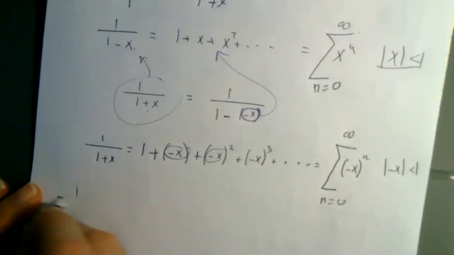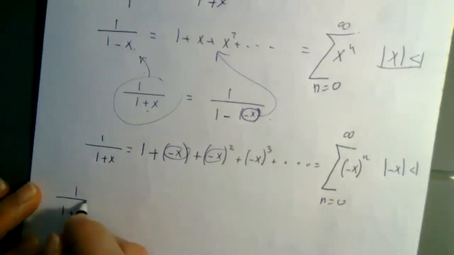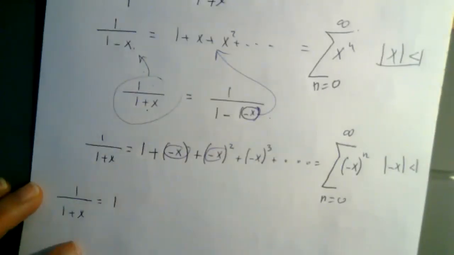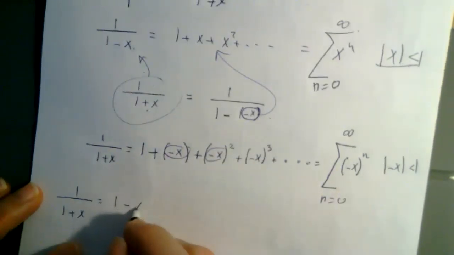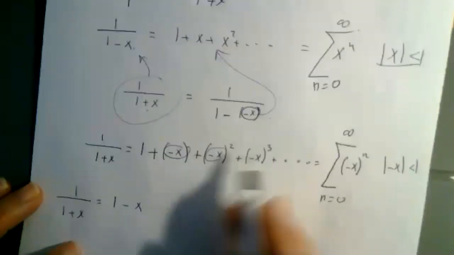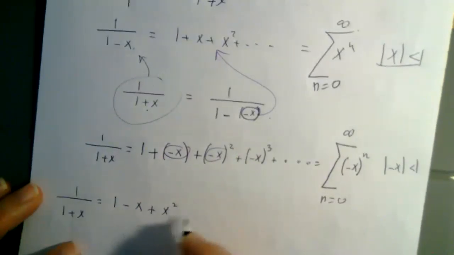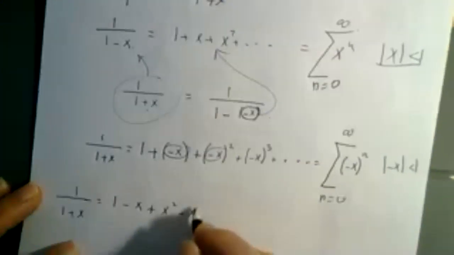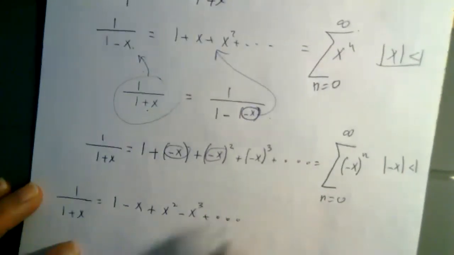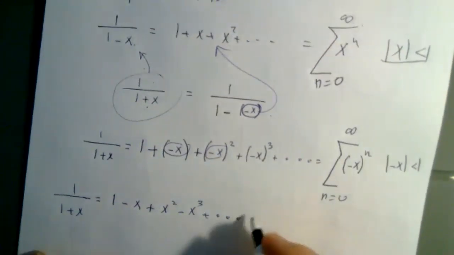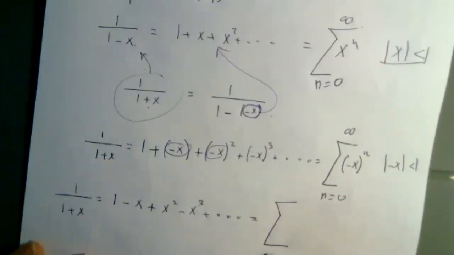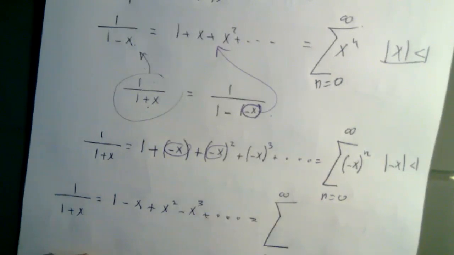So it means that my function 1 over 1 plus x is equal to 1 minus x plus x squared minus x cubed plus etc. So in sigma notation, this is going to be equal to n equals 0 to infinity.